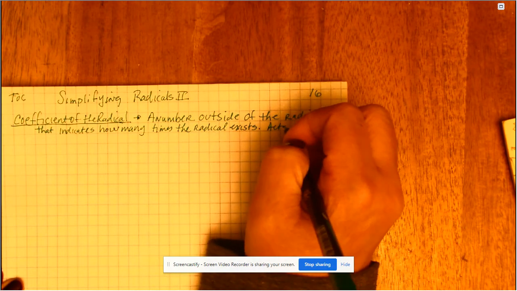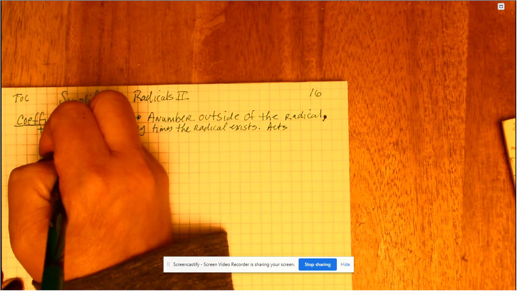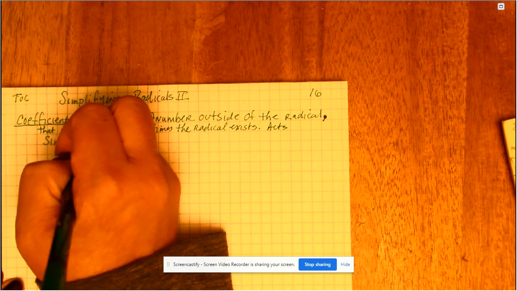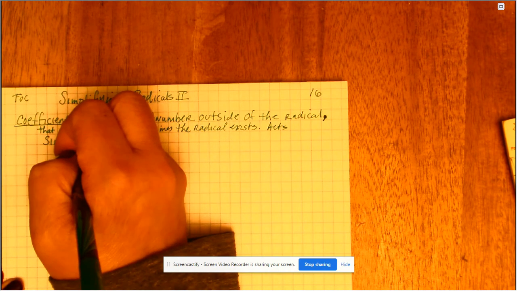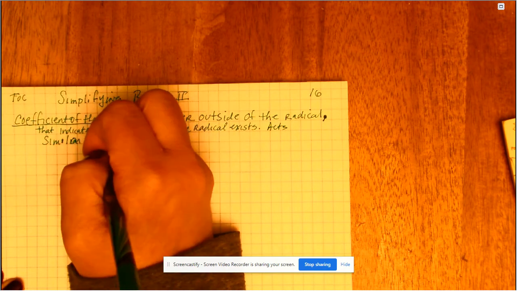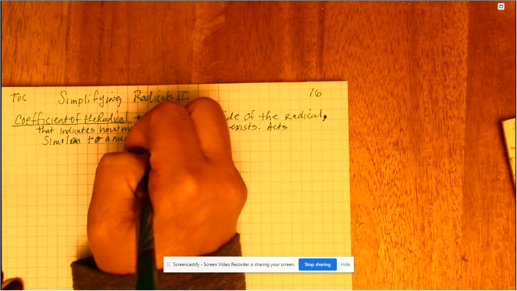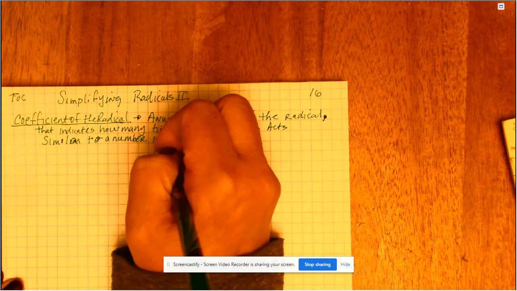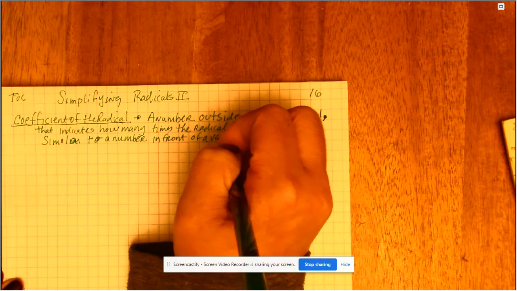It acts similar to a number in front of a variable.